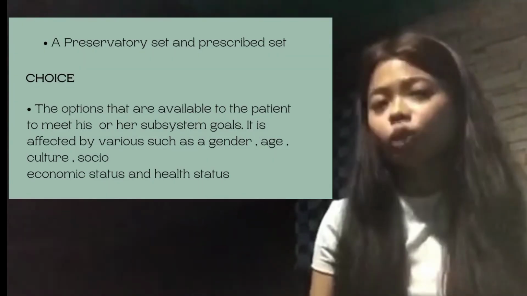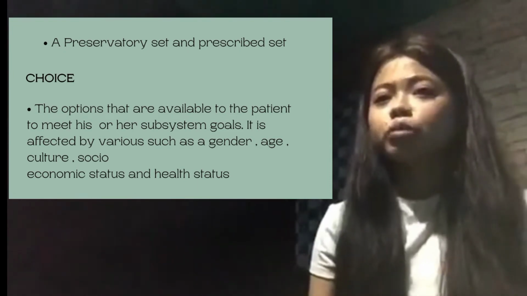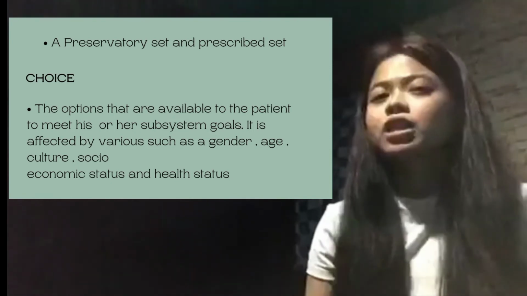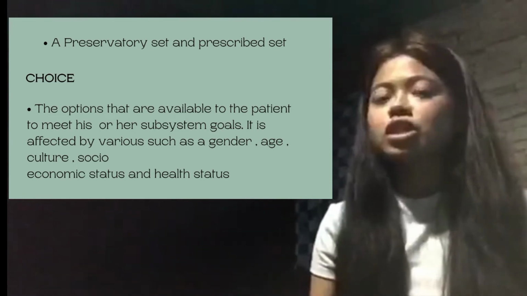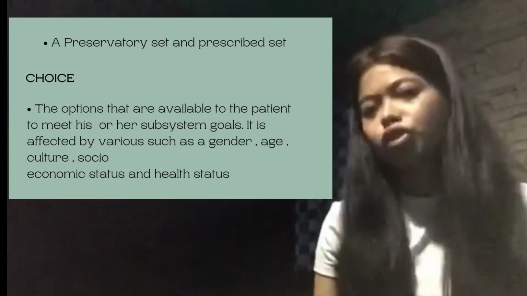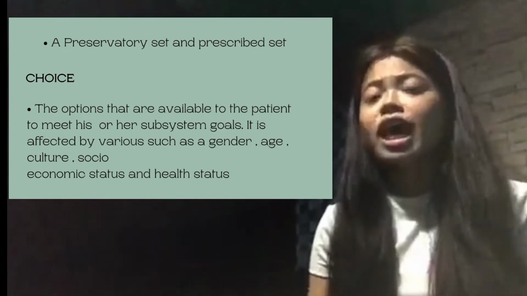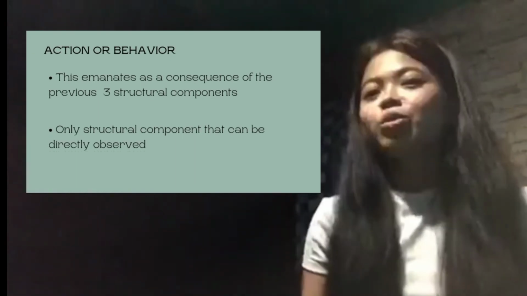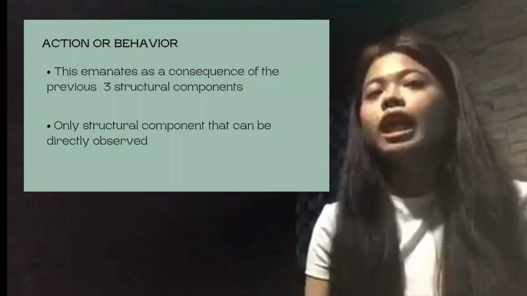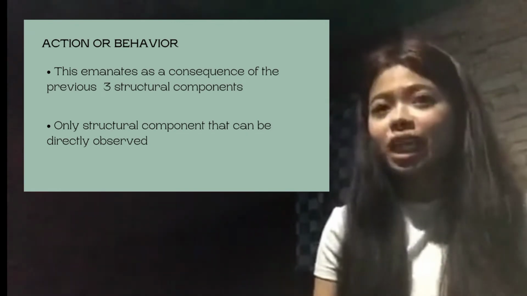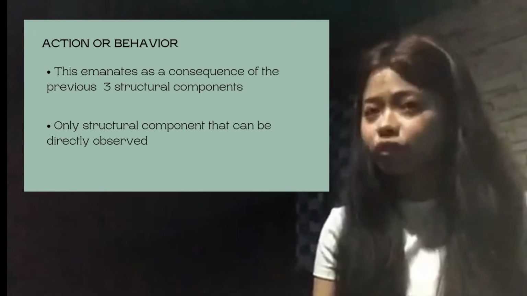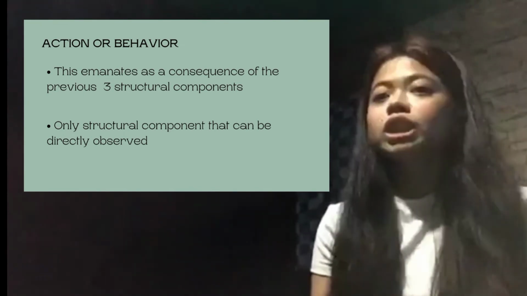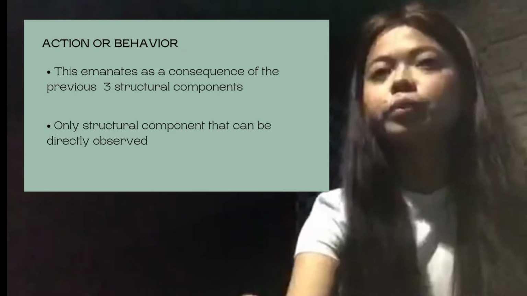Third is a choice: the options available to the patient to meet his or her subsystem goal. It is affected by factors such as gender, age, culture, socioeconomic status, and health status. Lastly, the action or behavior emanates as a consequence of the previous 3 structural components. It is the only structural component that can be directly observed.